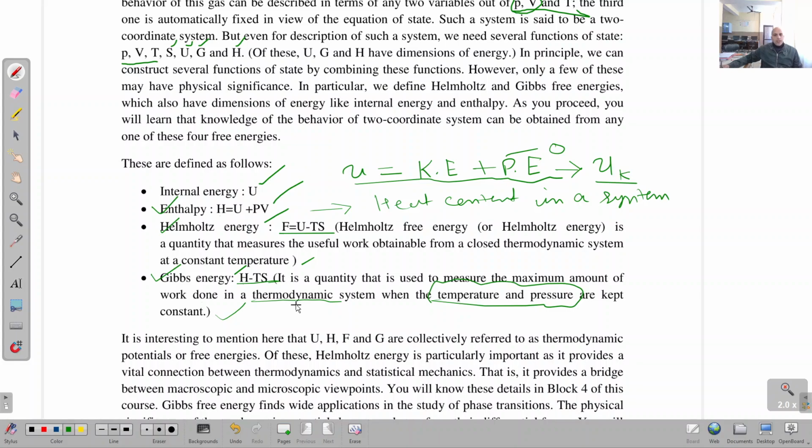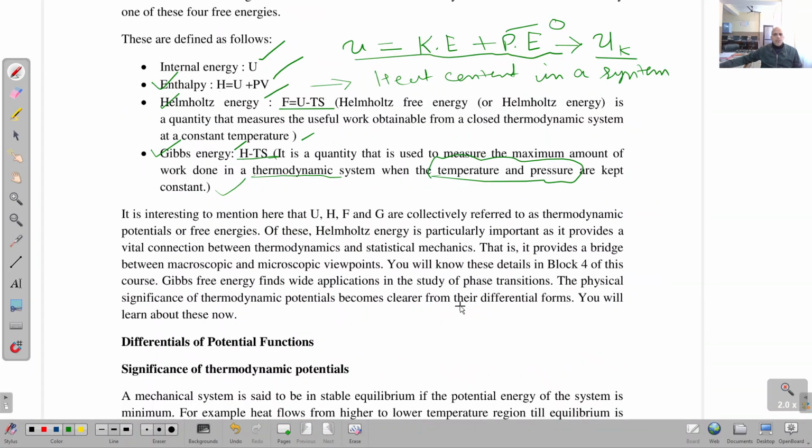So these are the four thermodynamic potentials. It is interesting to mention here that U, H, F and G are collectively referred to as the thermodynamic potentials or free energies. Of these, Helmholtz energy is particularly important as it provides a very important connection between thermodynamics and statistical physics, statistical mechanics. You will learn all these things when you proceed further in this chapter.